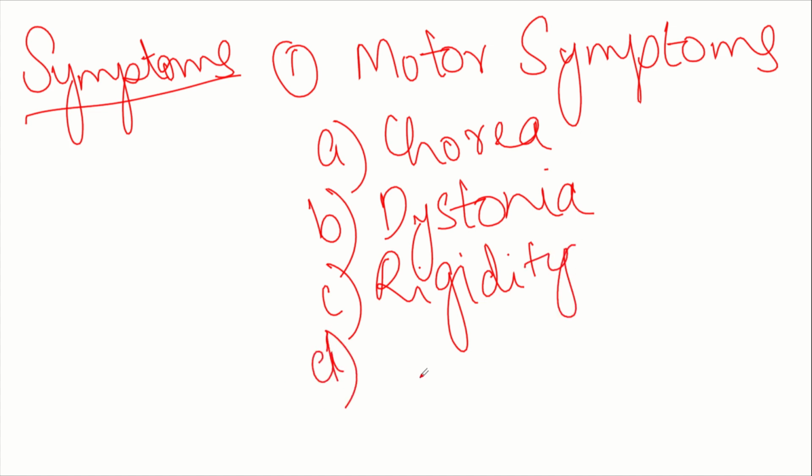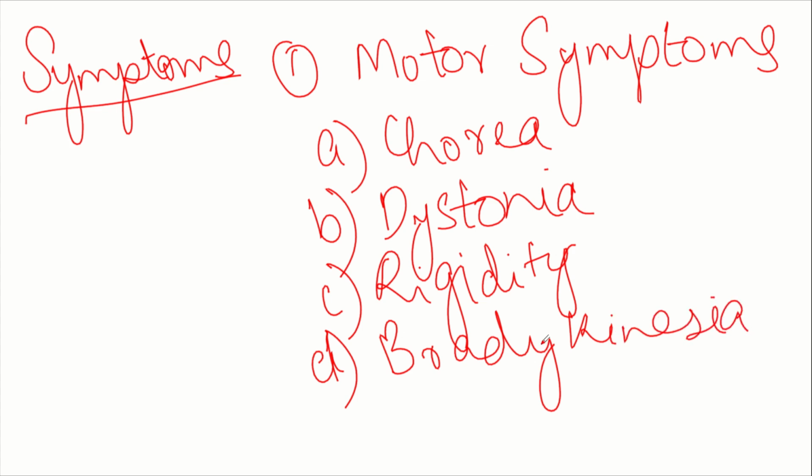Fourth one is bradykinesia. So what does this mean? Problems with coordination, balance, which can lead to an increased risk of falls.